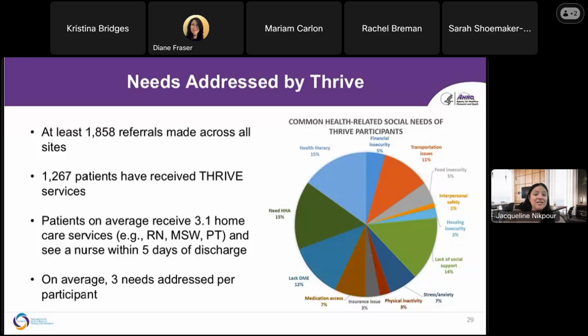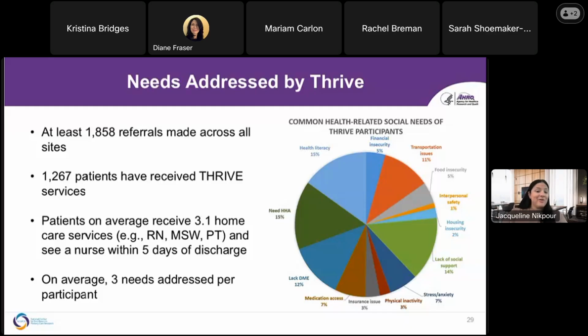And lastly, this pie chart demonstrates some of the common needs that we see in our patients in Thrive. Most commonly, we see patients who lack social support in the home, who have a need for a home health aide or a caregiver, a real lack of health literacy, transportation issues, getting things like durable medical equipment, so diabetic shoes, CPAP machines, and then just the stress and anxiety of being in the hospital and coming home from the hospital and not really knowing how you're going to do once you get home.